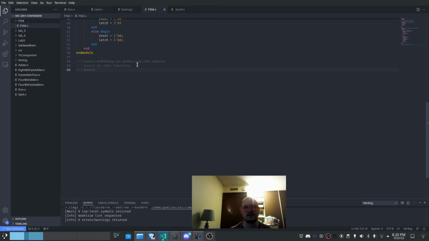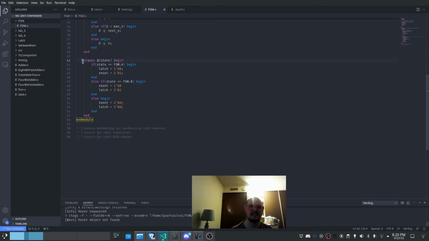So I have one process for state data changes. So that's this guy. It determines what state I am in and what the data needs to be depending on what state I'm in. And then I have one process for sequential code.